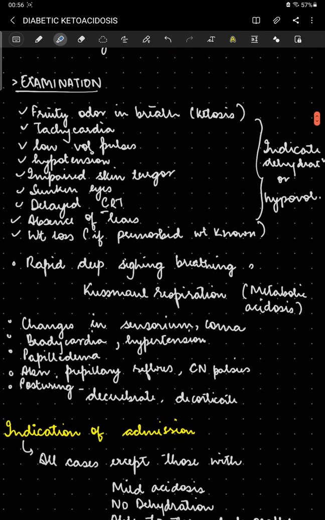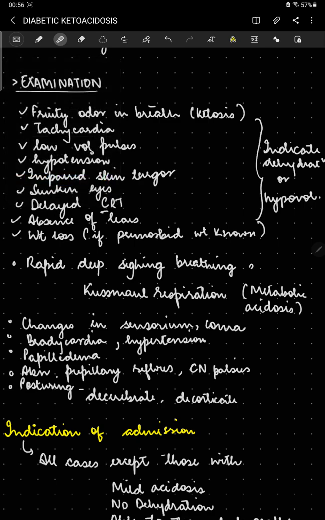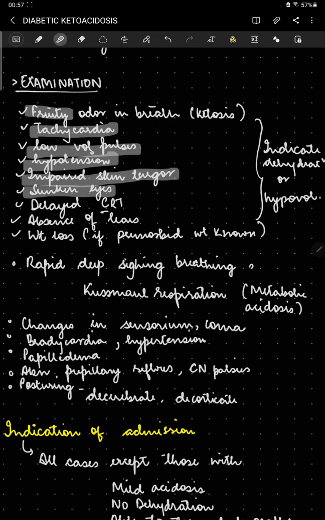Now coming on to the examination of the child, obviously due to the increased number of ketones, the breath would be very fruity, the child will be tachycardic, have low pulses, hypotensive, there will be impaired skin turgor, sunken eyes, delayed CRT, absence of tears, and weight loss.